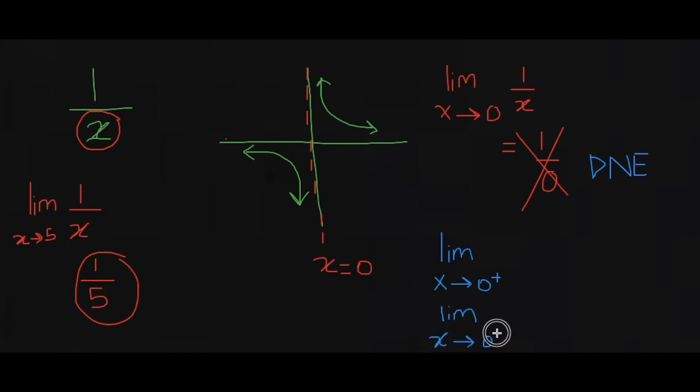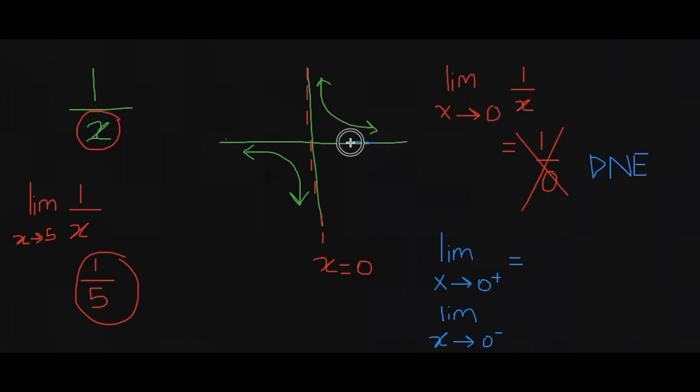So I put a little positive and a little negative next to my 0. These are one-sided limits. If you find the limit as x is approaching 0 from the right, and then you do the same thing from the left, and the limits match up, that means that the two-sided limit as x approaches 0 is that value. If your one-sided limits do not match up, that means your limit does not exist.